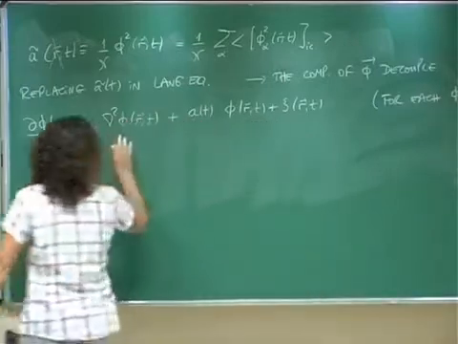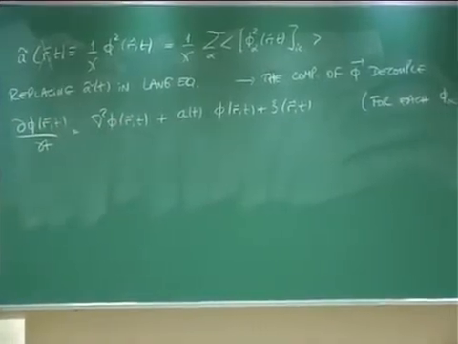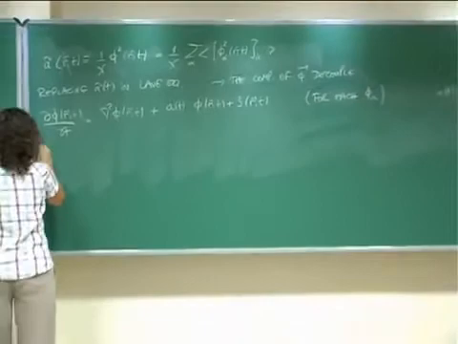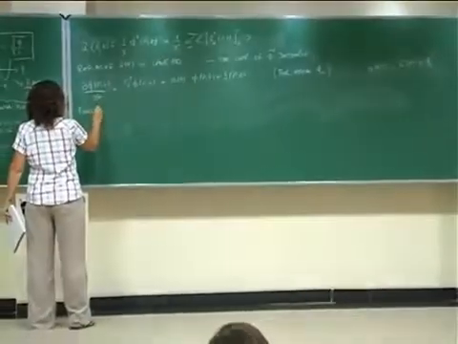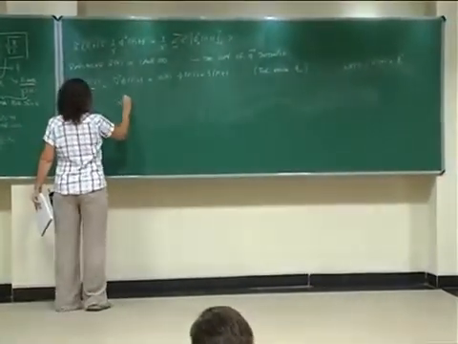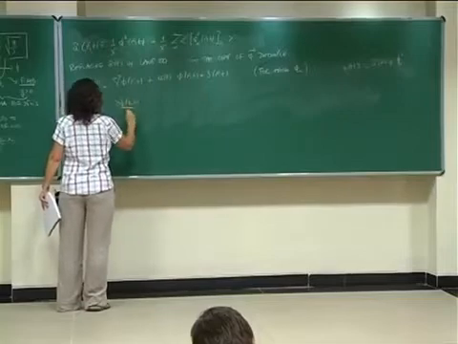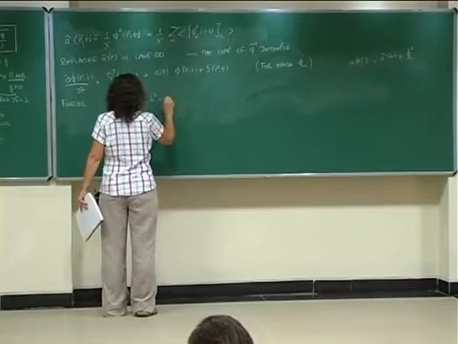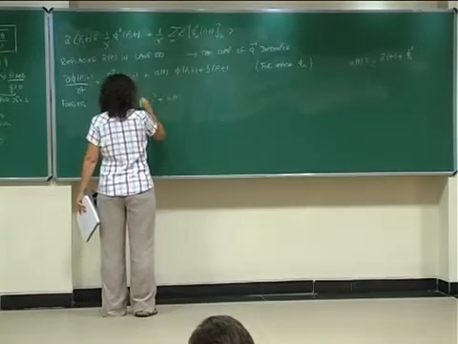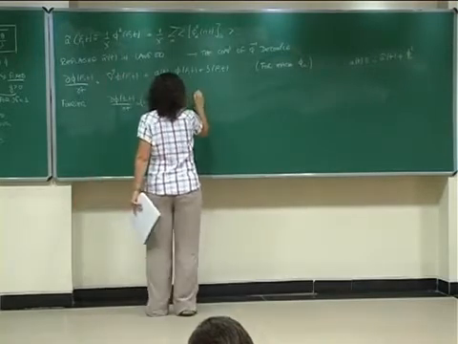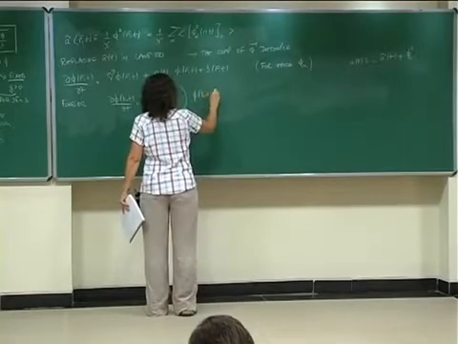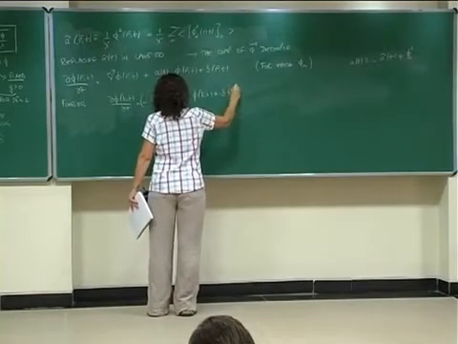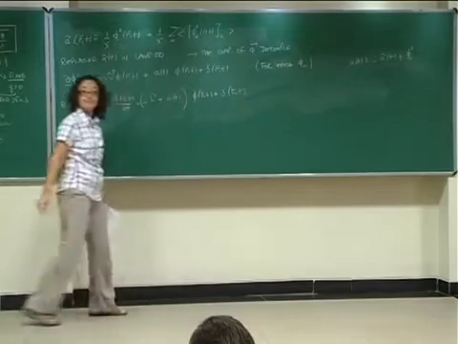This equation, I can solve it easily if I go to Fourier once again. So if you Fourier in space, I get d phi of k t dt equals minus k squared plus a of t that multiplies phi of k t plus psi of k and t.